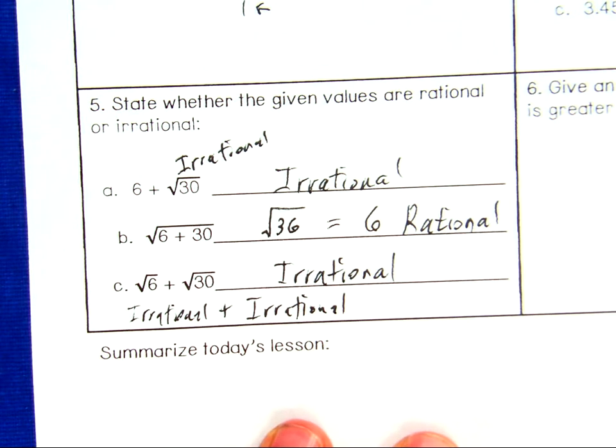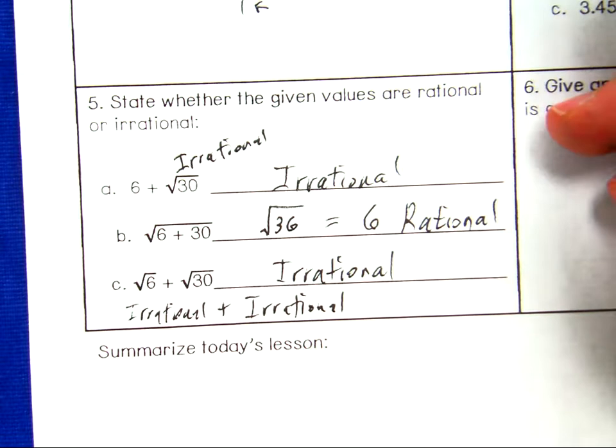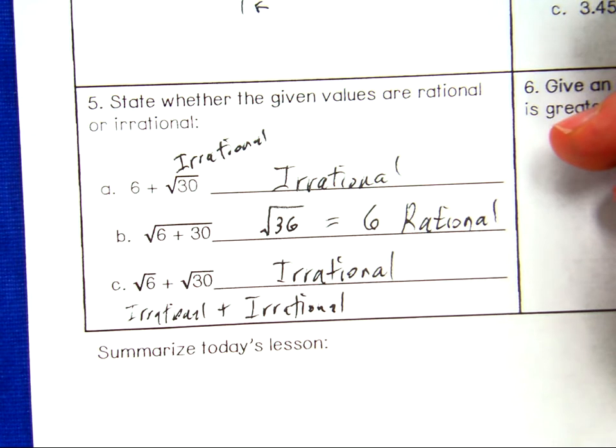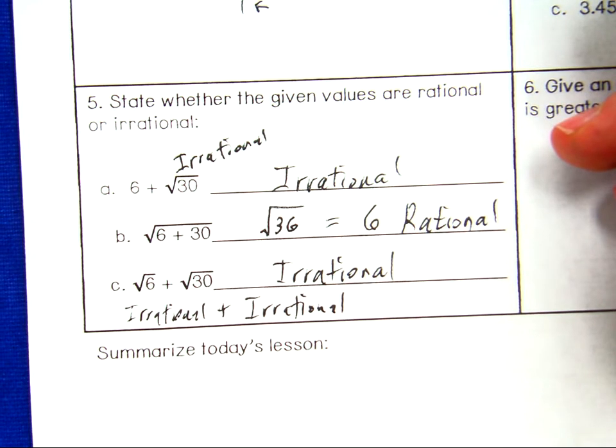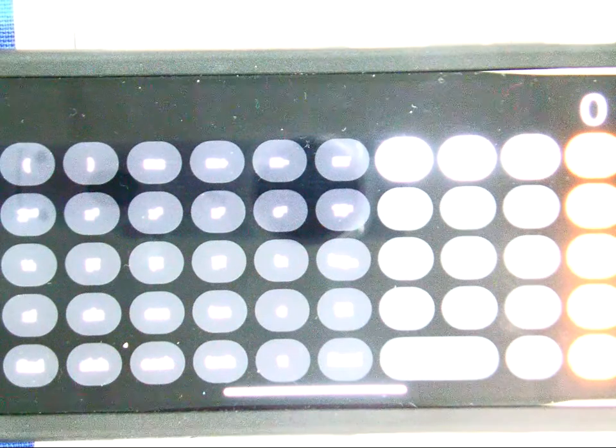If you don't believe me, do pi plus pi. Or do this right here: square root of 30, square root of 6. Try it out. Oh, I don't have the button here. I'll use my phone. You can do this on your phone, if you have an iPhone at least.